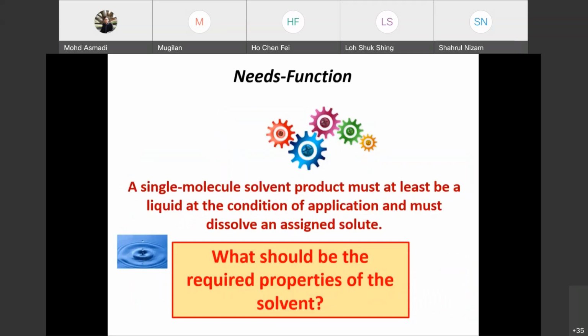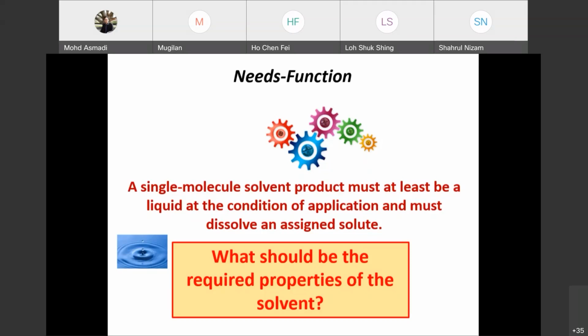That is one of the examples. So what should be the required properties of the solvent? We have to select the correct solvent based on our needs and also the function.